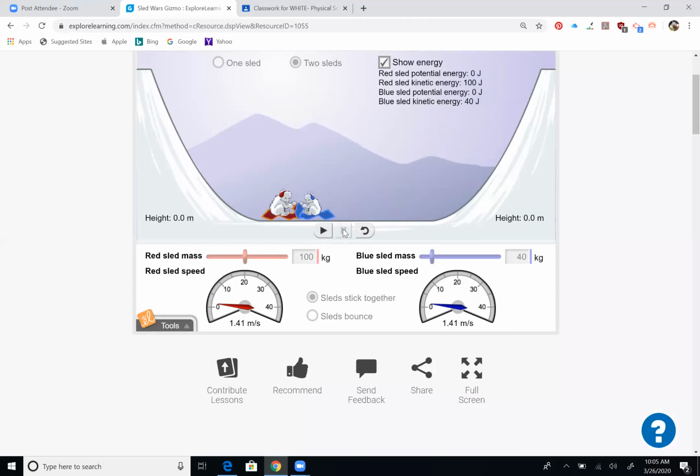What's true about the momentum of the winning sled in each contest? So momentum determines the sled that's going to win. The greater momentum means the sled will win.